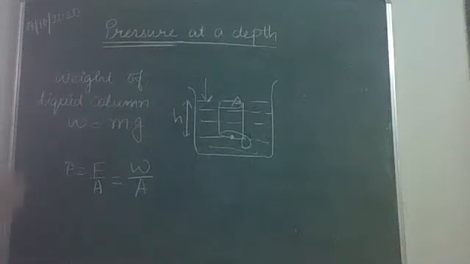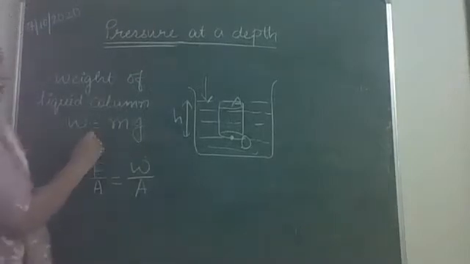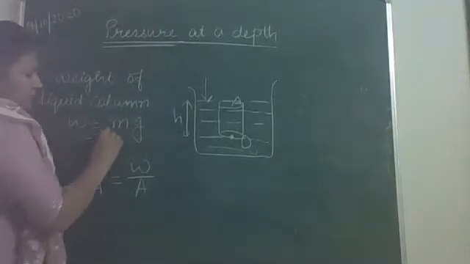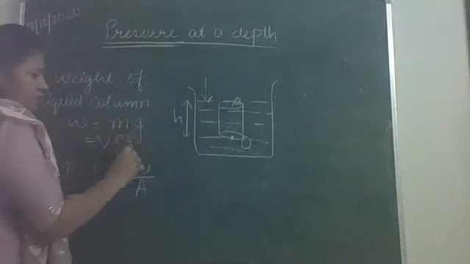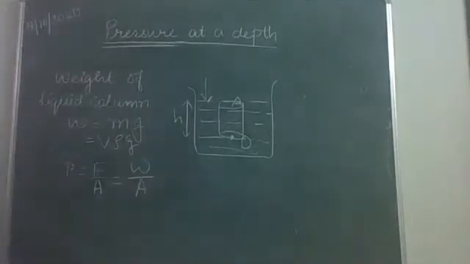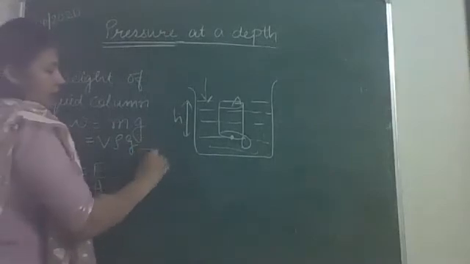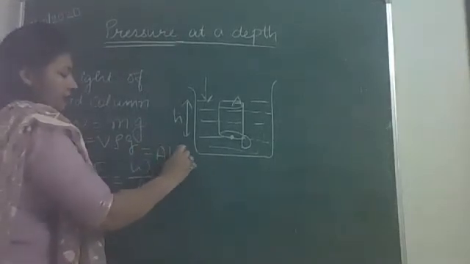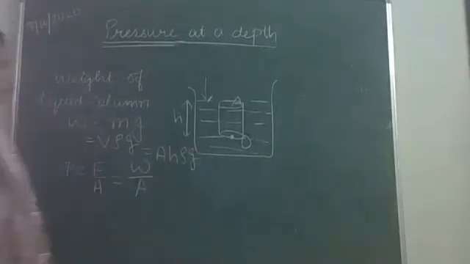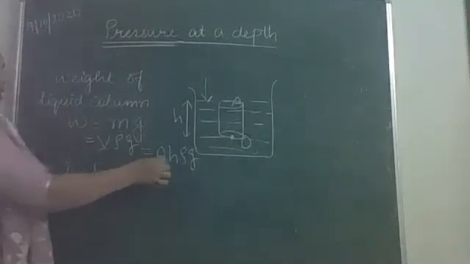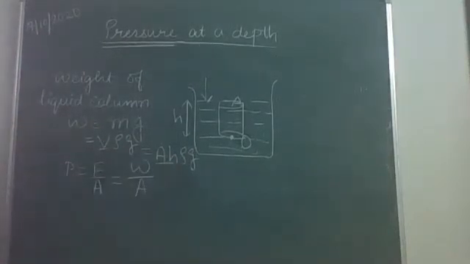This weight of the liquid column is the force acting in the downward direction. Now mass can be written as volume into density of the liquid, and volume can be written as area into length of the cylindrical column.